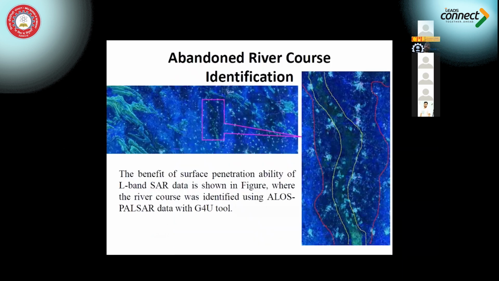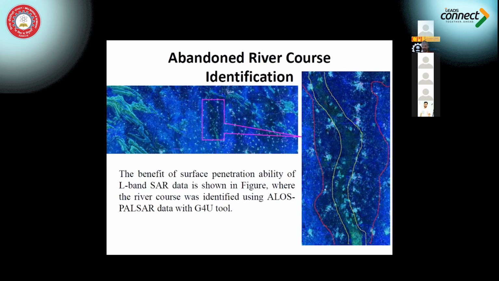Another example, you have an abandoned river course, and you can easily identify it based on the signature. You have a very old course of the river here, which is showing such kind of volume scattering, because the signal is penetrating inside and interacting with the bed and coming back with a high return.